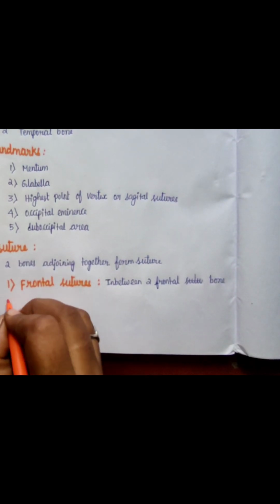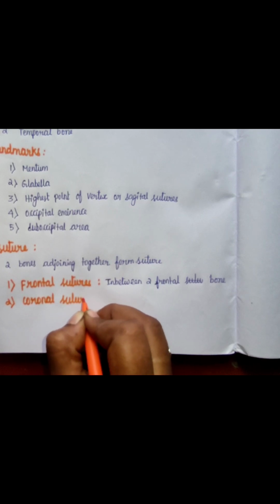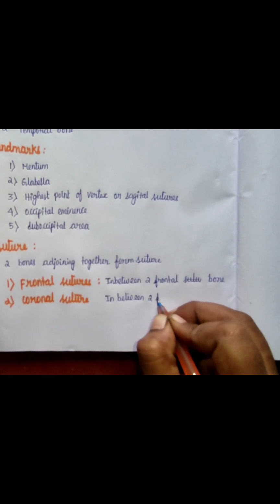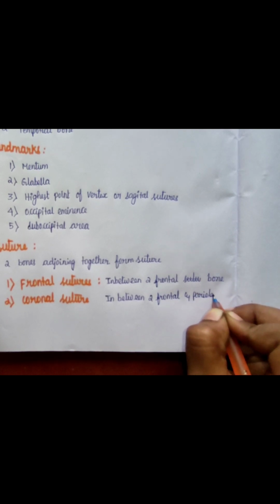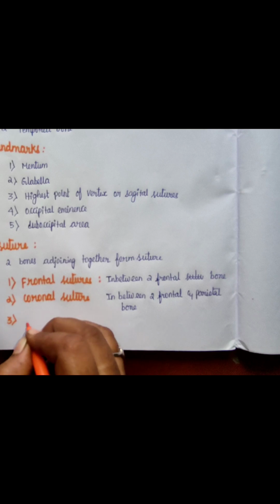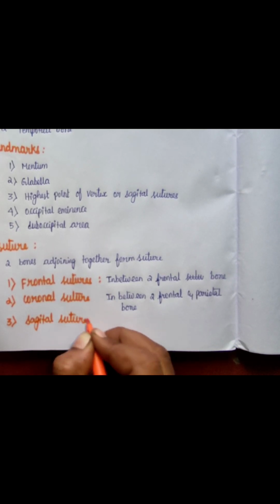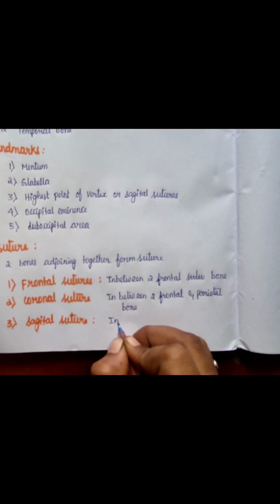Next one is coronal suture. In between the frontal and parietal bones we call it the coronal suture. Next one is sagittal suture. In between the 2 parietal bones we call it the sagittal suture.